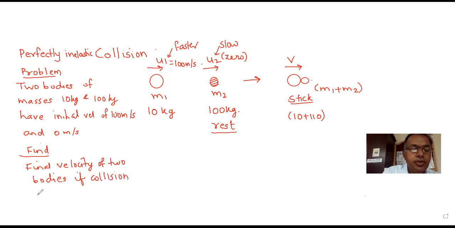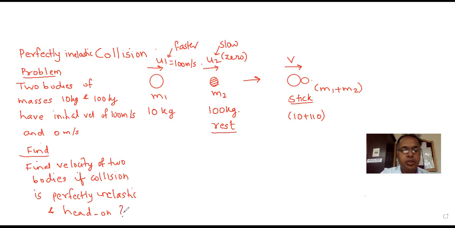Collision is perfectly inelastic and head on. ओके, असं आपल्याला विचारलाय. हा प्रश्न अशा पद्धतीने विचारला जाऊ शकतो किंवा असं पण विचारलं जाऊ शकतं की फाइंड द चेंज इन कायनेटिक एनर्जी. ओके, तर त्याच्याकडे आपण नंतर येऊया.